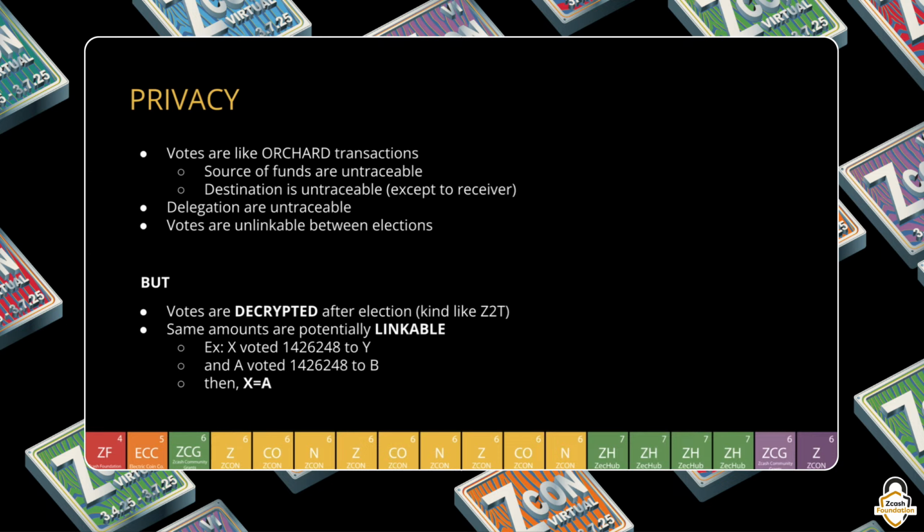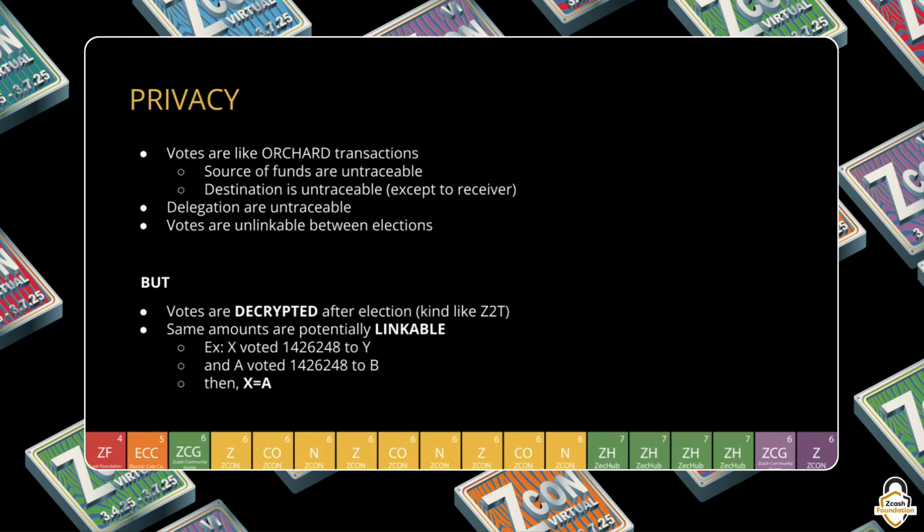For example, here we have some ballot that spent 1,426,248 on a particular candidate, and on a different election, exactly the same amount was put on candidate B. Most likely, the same person voted for candidate Y and candidate B.